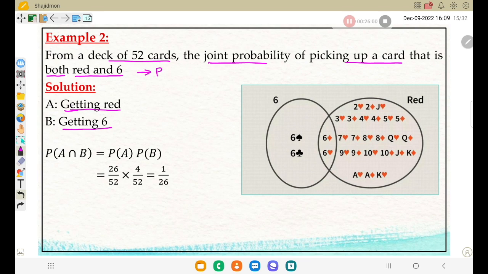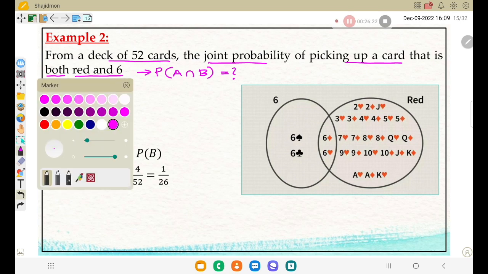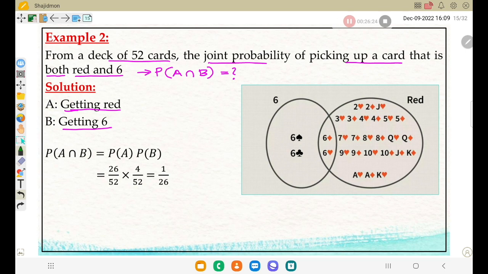Red means event A, and means intersection, 6 means B. So probability of A intersection B is the probability of both events occurring together, which equals probability of A multiplied by probability of B. Just now we discussed that to calculate joint probability, the events must be independent. Now, what is the probability of A, getting a red card?